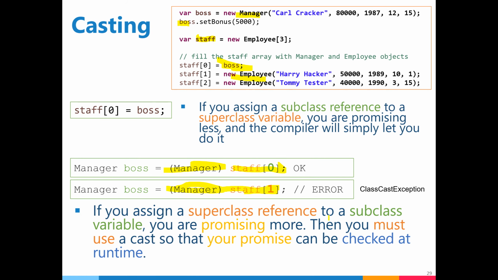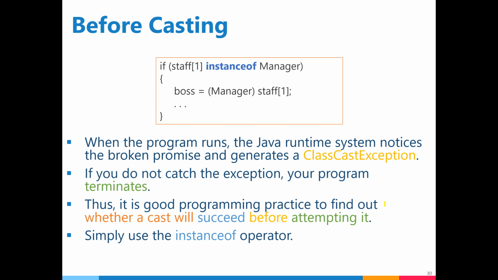If you assign a superclass reference to a subclass variable, you are promising more. That's okay, but then you must use a cast so that your promise can be checked at runtime. This can cause a ClassCastException, and one exception can crash and terminate your program. So for that, you want to cast it. But before casting, you can use this operator called instanceof.